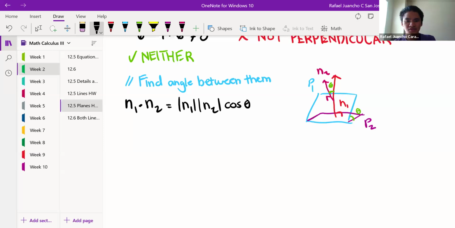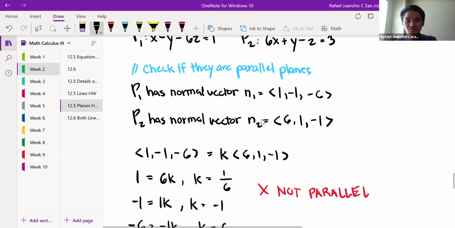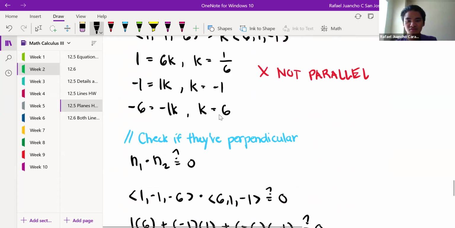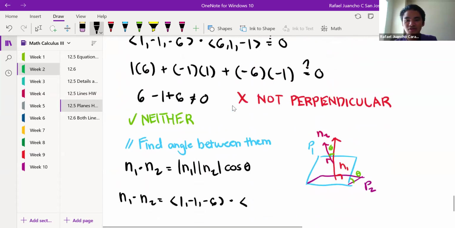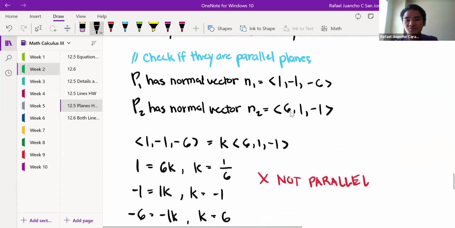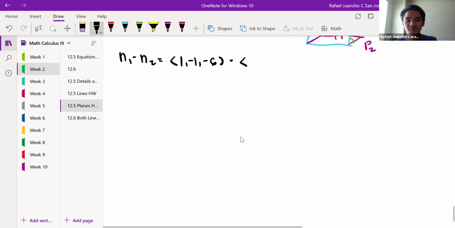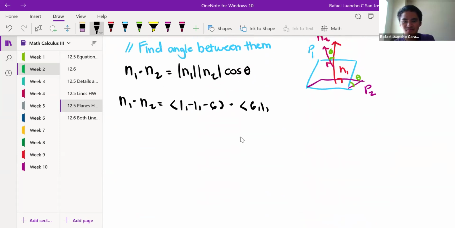Okay, now let's try to plug this in. So the dot product, if we just do it like so, N1 has what components? 1, -1, -6. We're going to do the dot product of that with N2, which has components 6, 1, -1. And then what do we get?